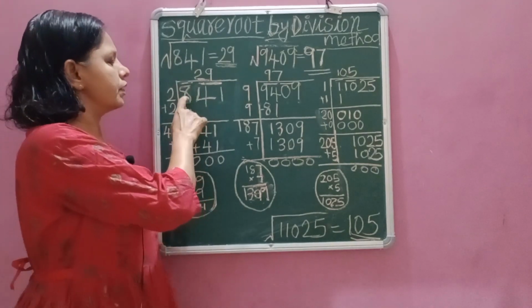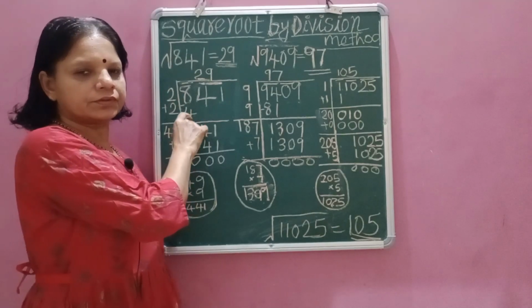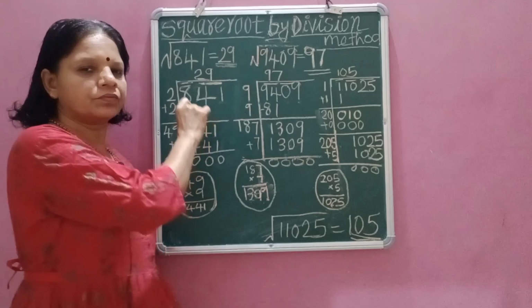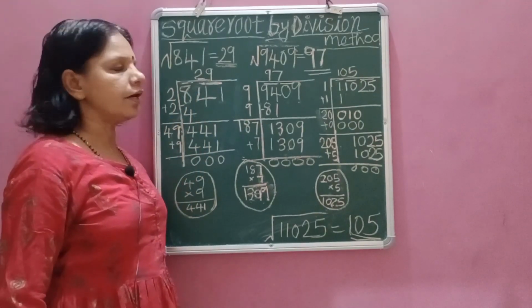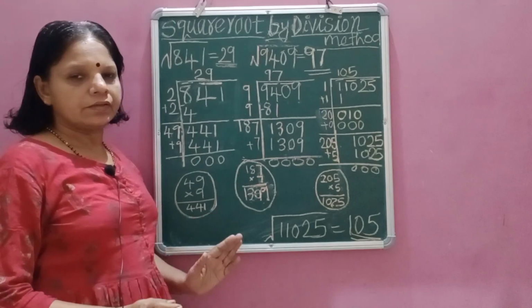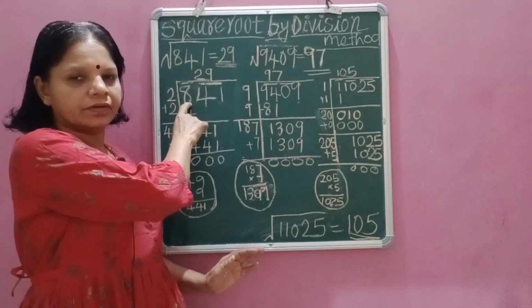Now we have to consider the last pair, that is the leftmost pair. What you have to do? You have to find the divisor and quotient. Both are the same number. 8 is the dividend.